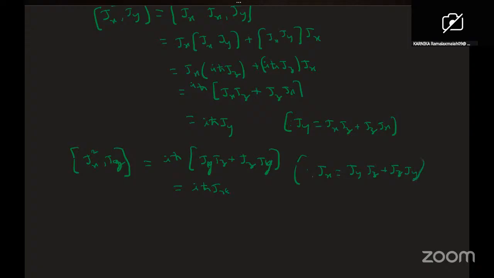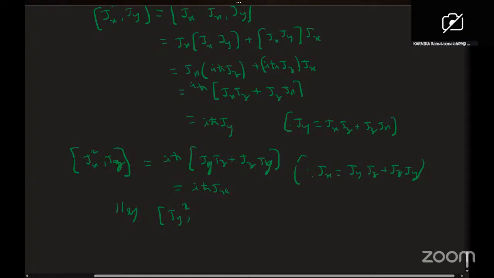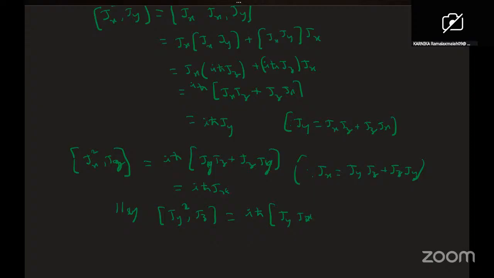Okay. So similarly, what is this? Here Jy square comma Jz is equal to iħ into Jy Jx plus Jx Jy, Jz.